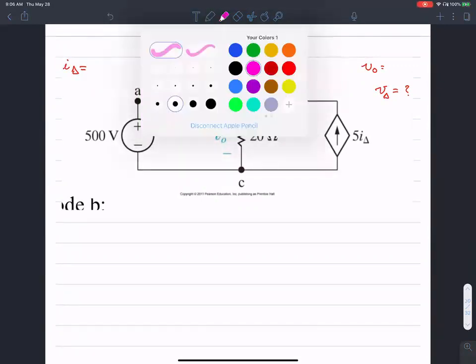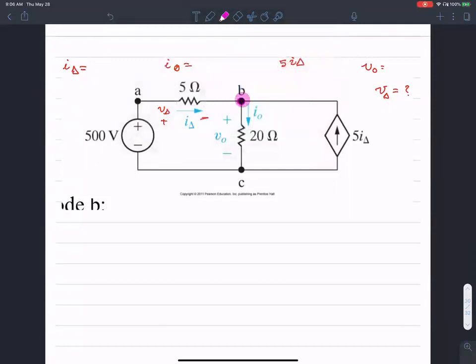Node B, node C. There are two nodes. Let's start by setting up the node equations. KCL at node B. When I look at the KCL at node B, the amount of current coming in here is 5 I delta.